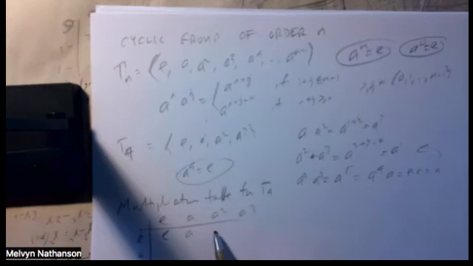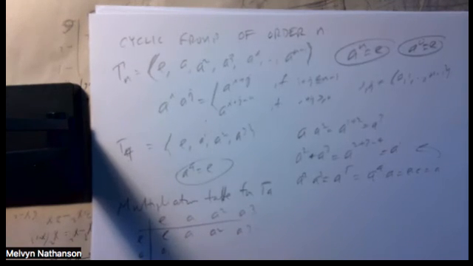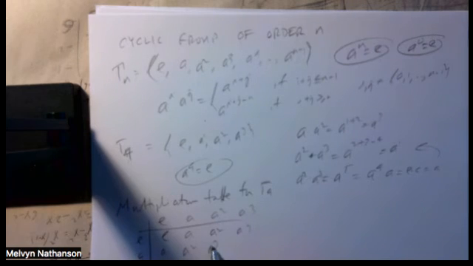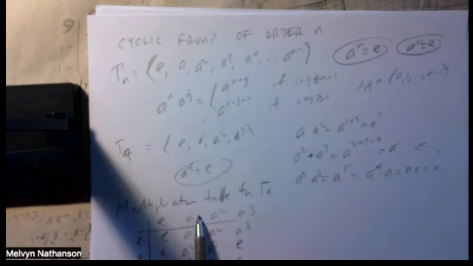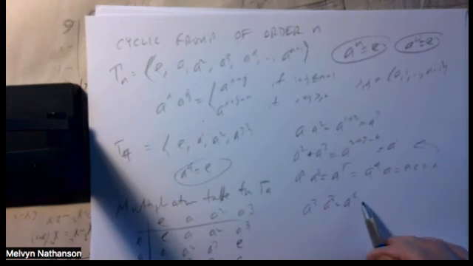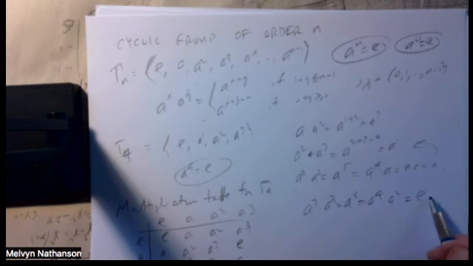The identity times any element is the same element, and any element times the identity is that element. a times a is a squared. a times a squared is a cubed. a times a cubed is a to the 4th power, which is the identity. a squared times a is a cubed. a squared times a squared is a to the 4th, which is the identity. a squared times a cubed is a to the 5th, which is a. a cubed times a is a to the fourth, the identity. a cubed times a squared is a to the fifth, which is a. a cubed times a cubed is a to the sixth, which is a to the fourth times a squared, which is the identity times a squared, or a squared.